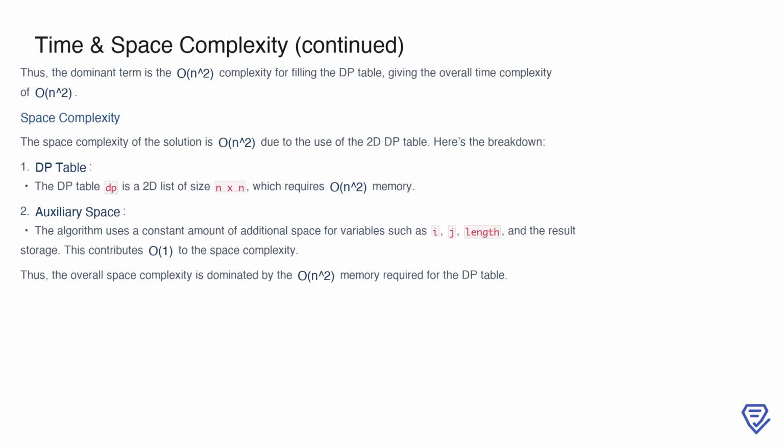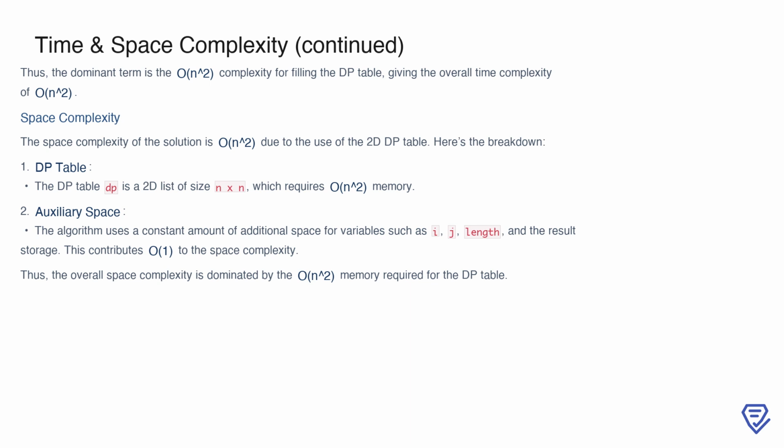Now that we've established the time complexity, let's turn to the space complexity. The primary use of space comes from the dp table, which is a 2D data structure of size n×n. This means the memory required to store the table is O(n squared). Additionally, the algorithm uses a constant amount of extra space for variables such as i, j, length, and the result storage, which contributes O(1) to the total space complexity.